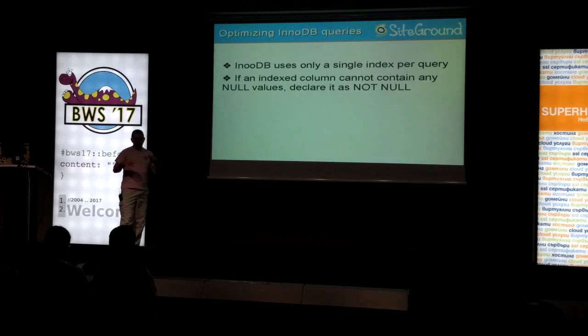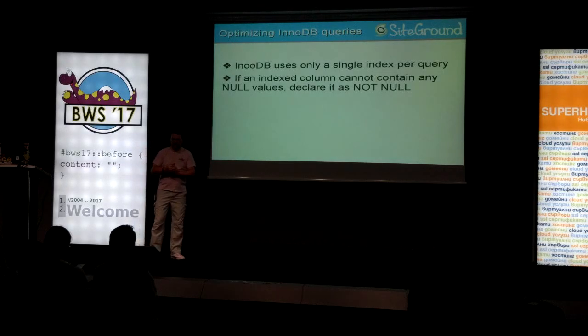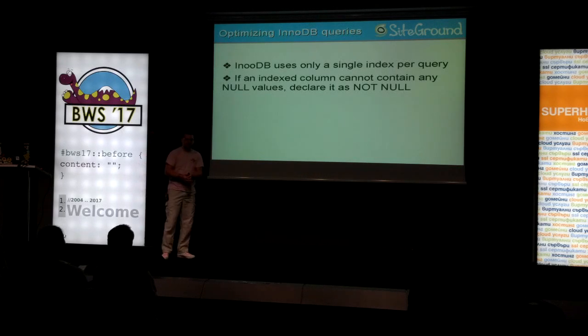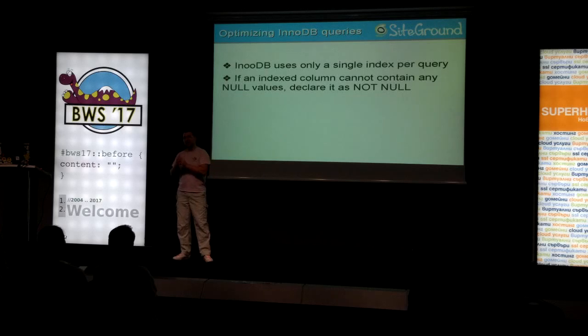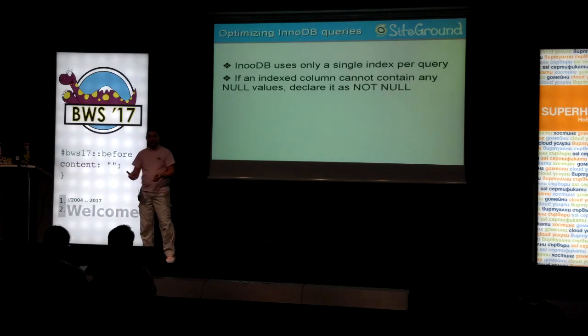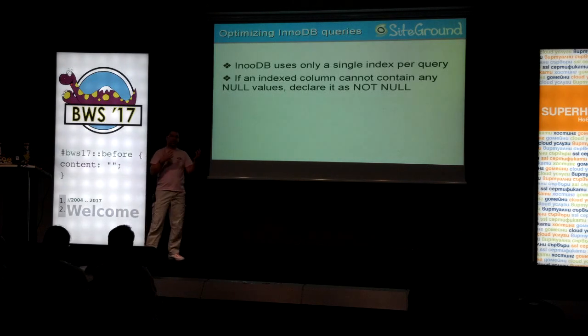Index columns should not contain null values because this breaks the index. It's better to create a column that is not null and insert the data there. And if there is a column that may be null, declare it as null, so you know what the default values are. This means that you're telling the optimizer which columns shouldn't have any nulls, and this is very important for deciding which index is going to be most important for you.